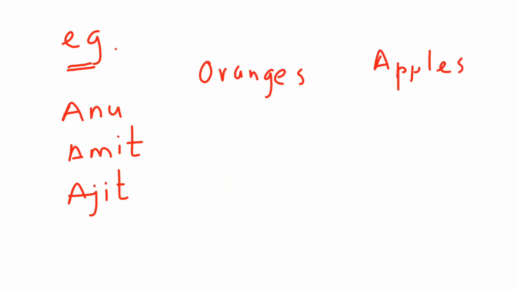Anu has 4 oranges and 3 apples. Amit has 8 oranges and 4 apples. And Ajit has 3 oranges and 7 apples. We can represent this in matrix form.